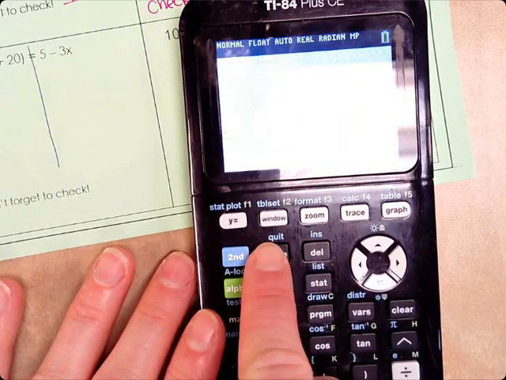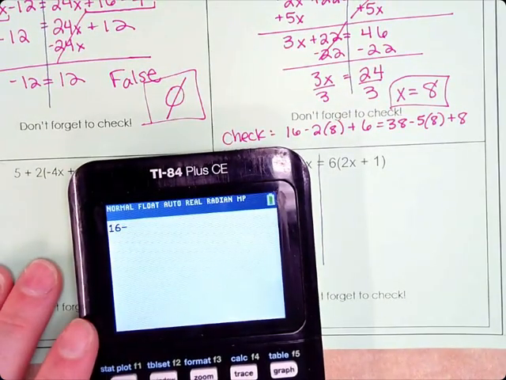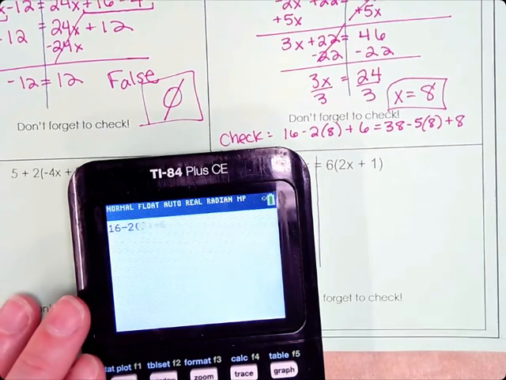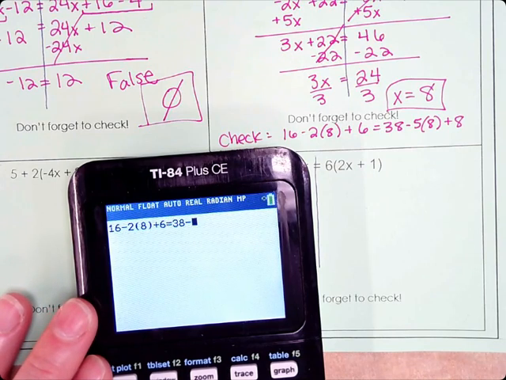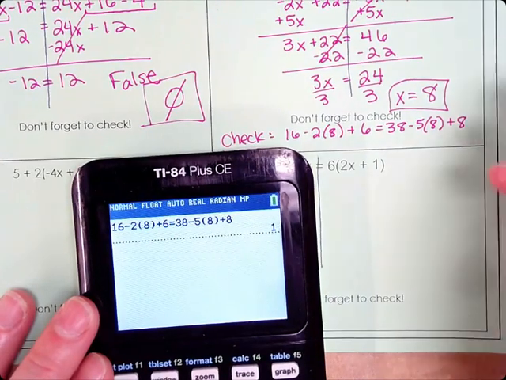So second mode. 16 minus 2 times 8 plus 6. Second math. 38 minus 5 times 8 plus 8. And it checks out.